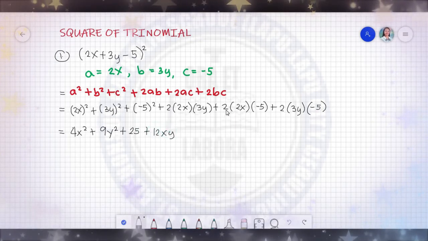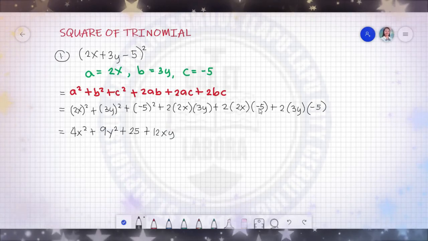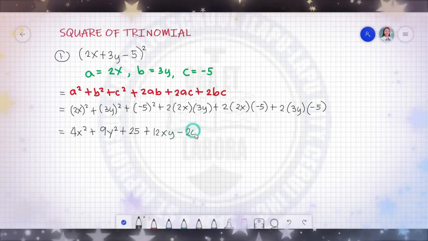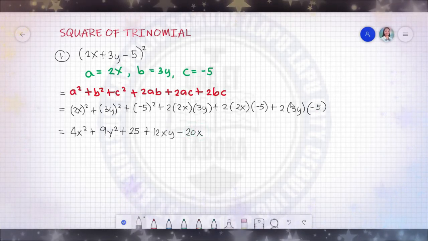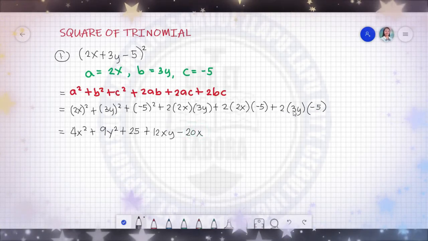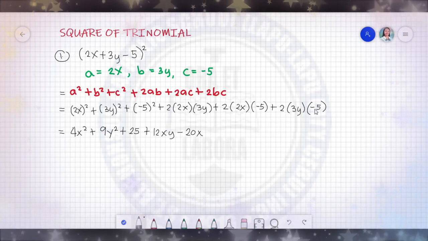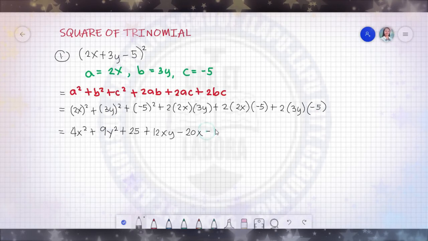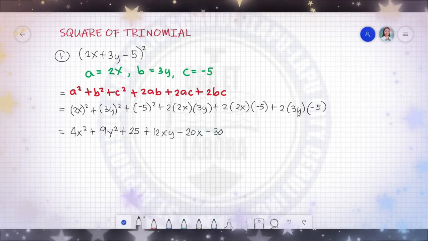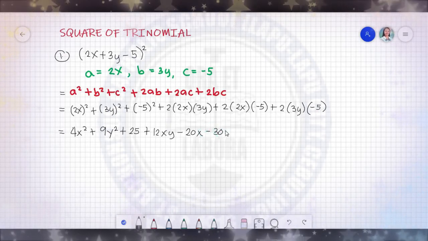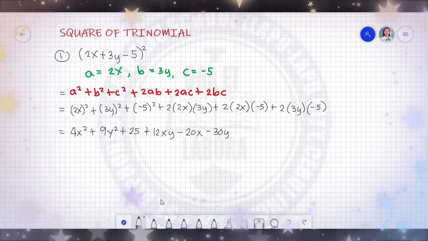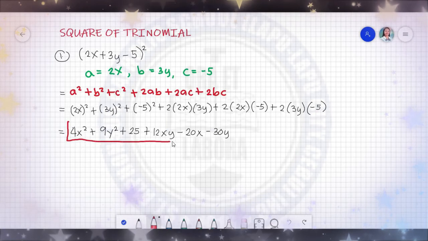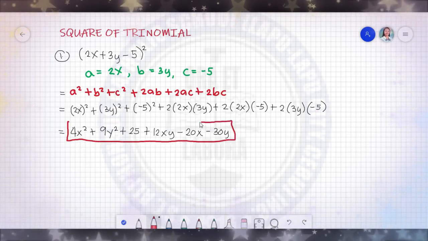Next, 2 times 2x times negative 5, that is negative 20x. Lastly, 2 times 3y times negative 5, that is negative 30y. Copy the variable y. And that's it. That would be our final answer. Always box your final answer.